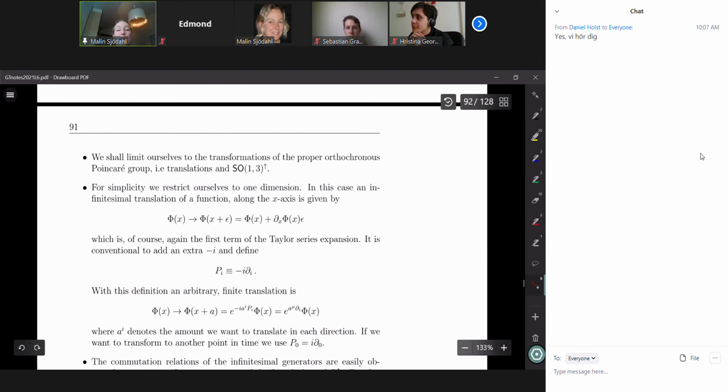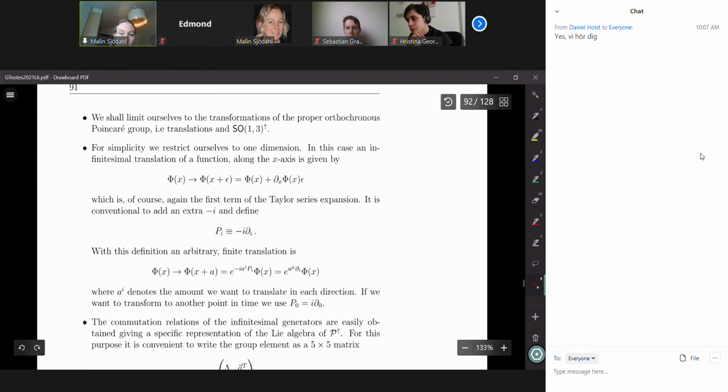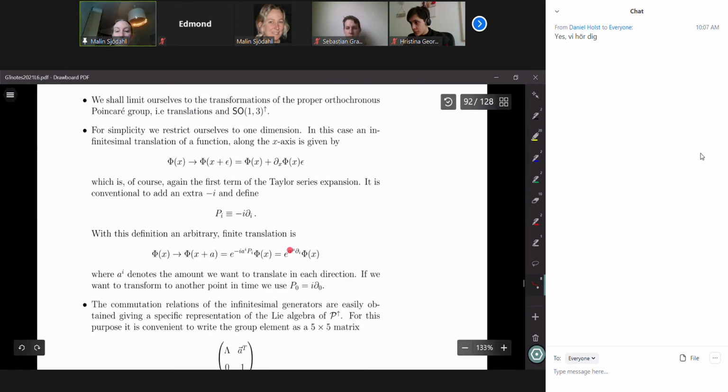So we define our p to be i d/dx, and we can then expand our function phi of x going to phi of x plus a as e to the i a_mu contracted with p^mu, if we allow for general direction here, acting on phi of x, and then we can write this as some translation vector.